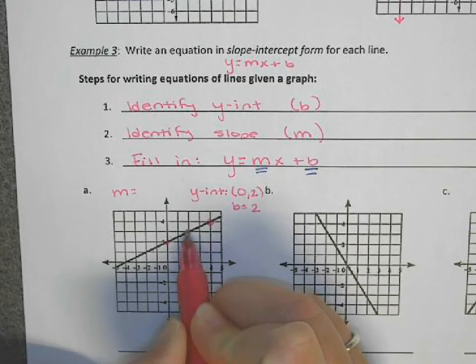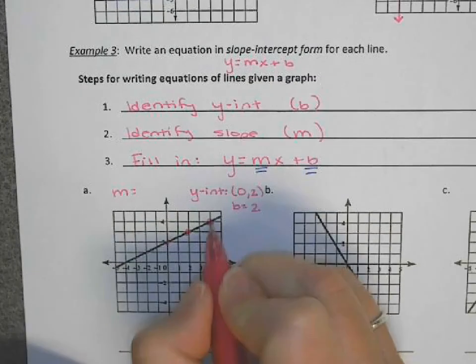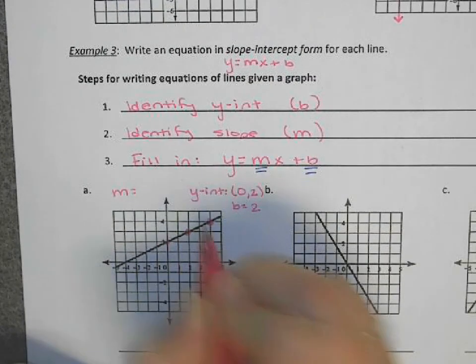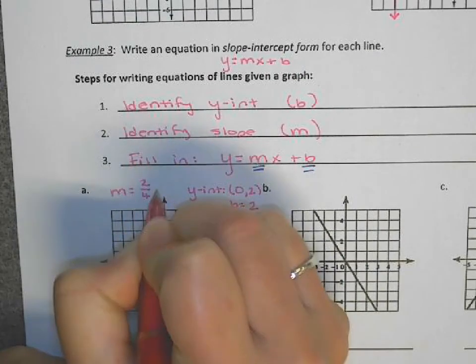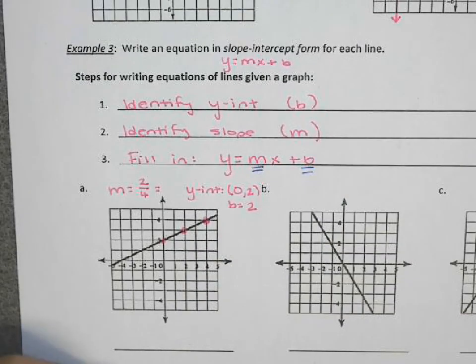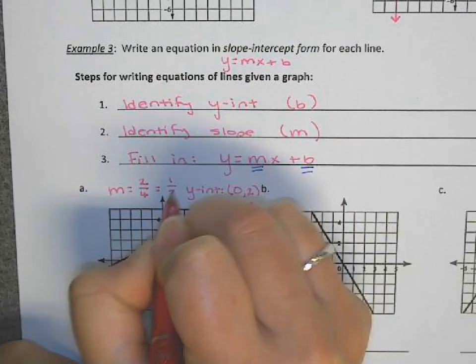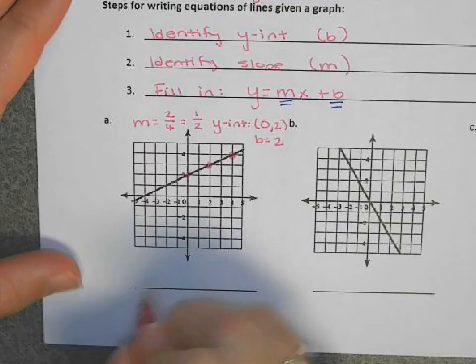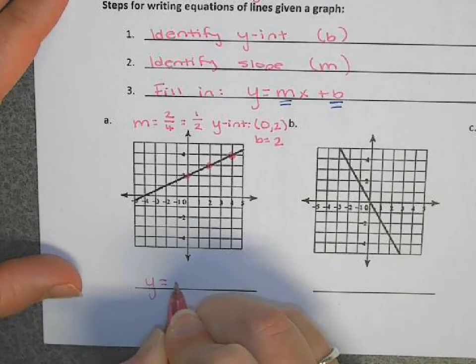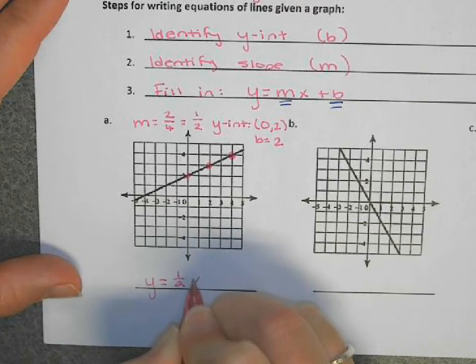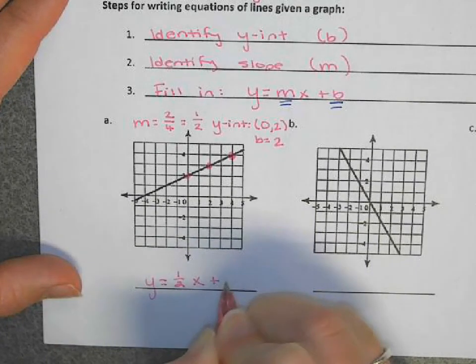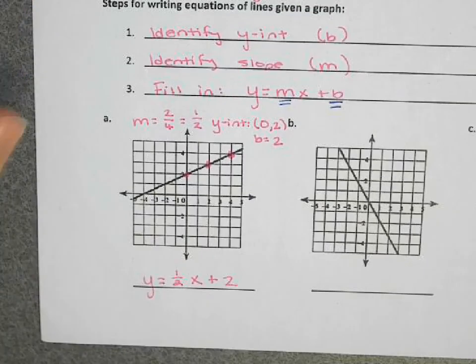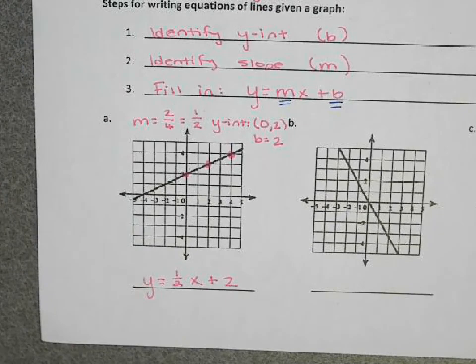Oh, I guess you could have done that one there too. If you did this one, it'd go up 2, right 4, 2/4, but that also reduces to 1/2. So it doesn't matter which 2 points you choose because you have to reduce it anyway. So now we just fill it in. y equals our m value, 1/2 x, plus our b value, 2. If it's a negative b value, then you're going to do subtraction.